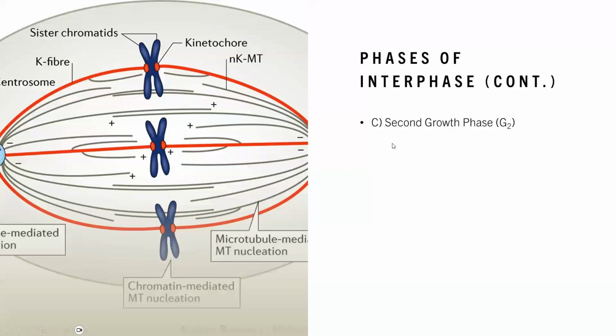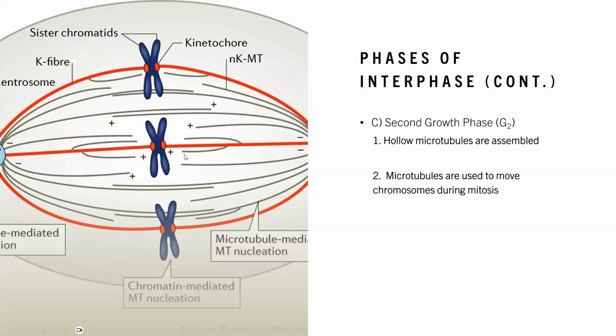Then the second growth phase starts, and here hollow microtubules are assembled. These microtubules are used to move the chromosomes to the center during cell division, or when the cell is going to be divided into 2 daughter cells.